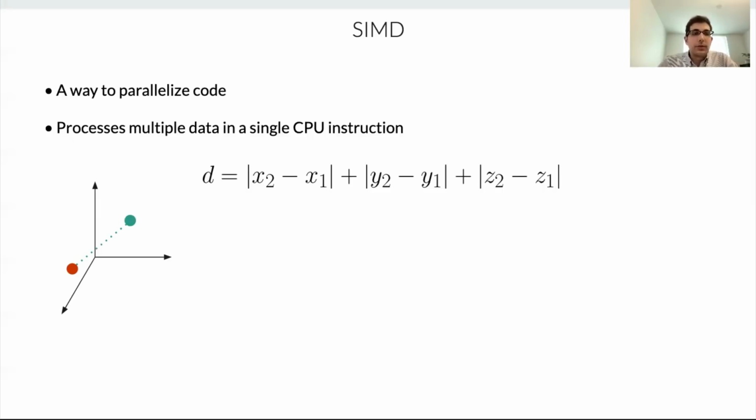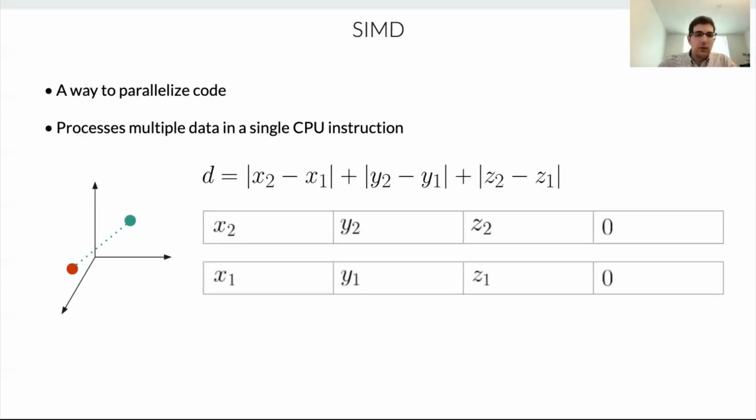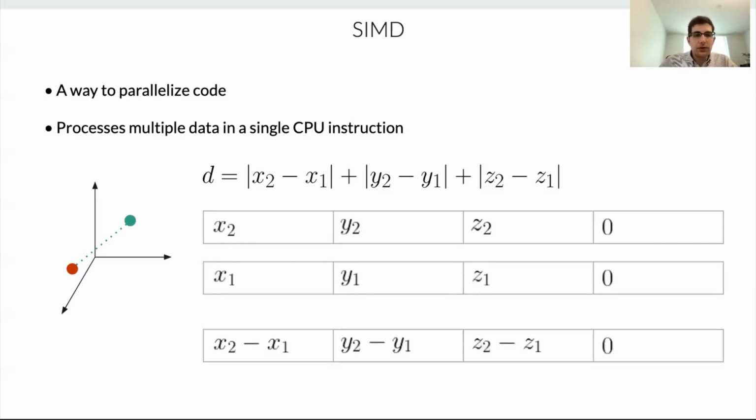Or you could use SIMD and insert those coordinates in an extra large CPU register that can fit 4 of these numbers at a time, and do the same for the second data point. And then what you can do is use a SIMD instruction that will subtract all 3 coordinates within a single CPU instruction. So obviously this has a lot of potential for speeding up the calculation, which is why it's so commonly used in a lot of mathematical and data analysis heavy tasks.